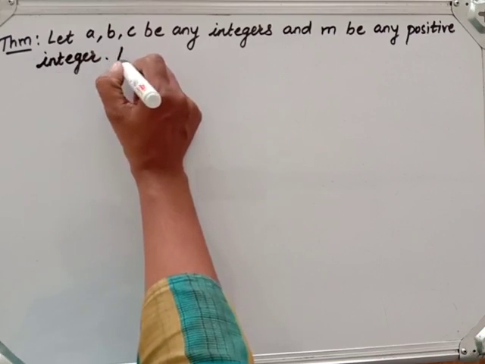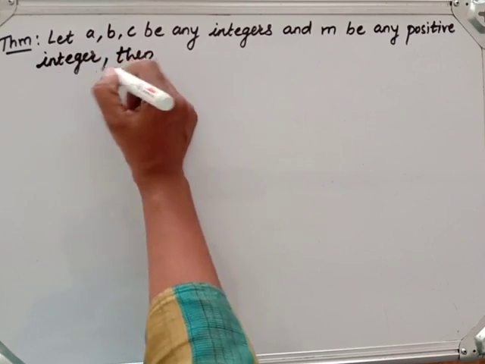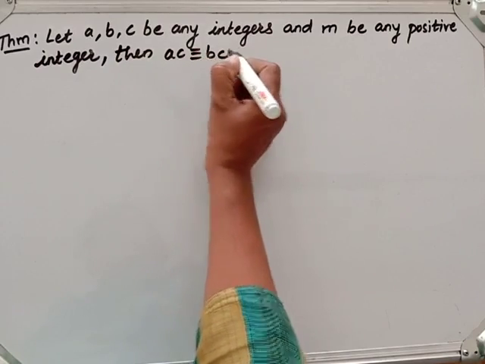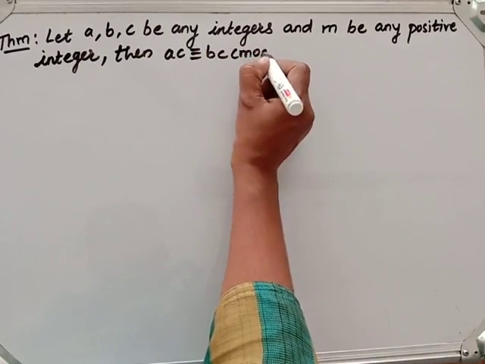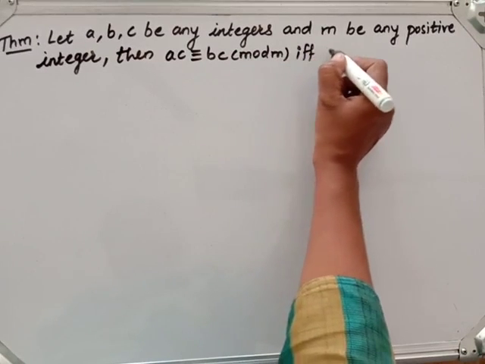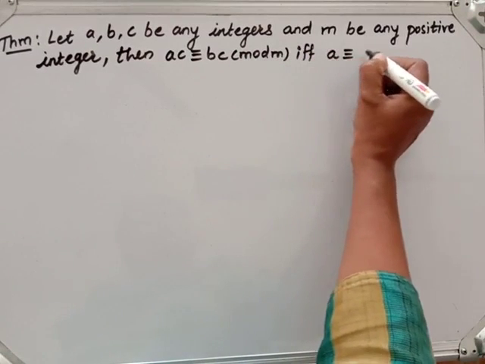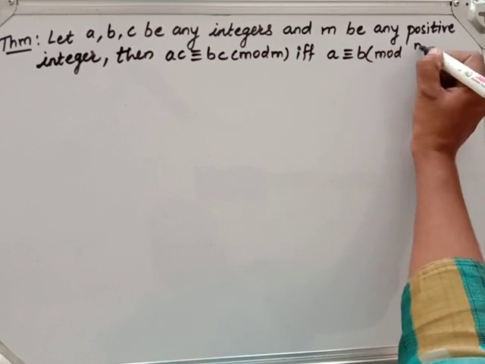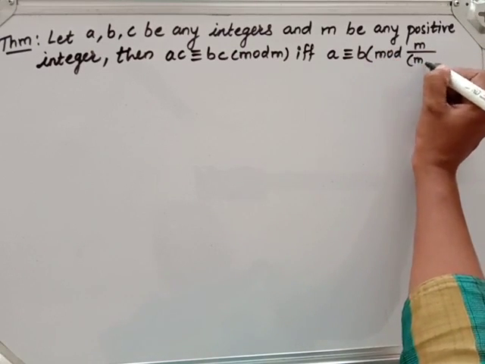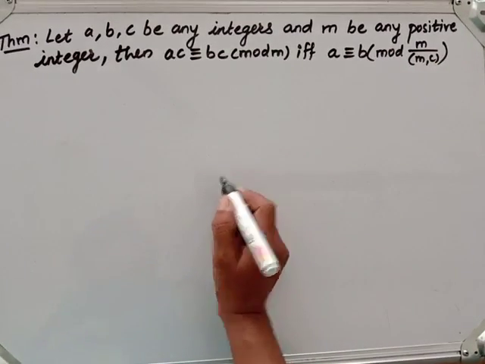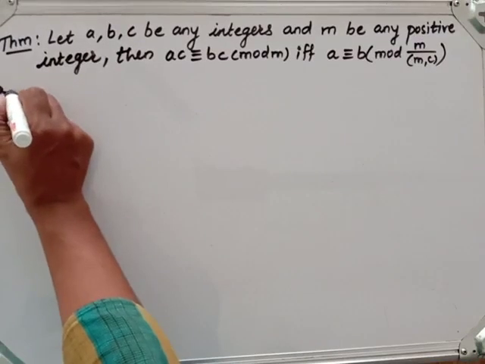Then ac is congruent to bc modulo m if and only if a is congruent to b modulo m upon the GCD of m and c. Now let us see the proof of this.